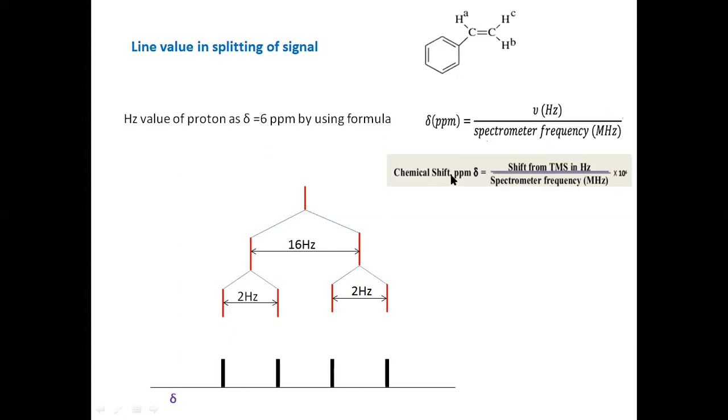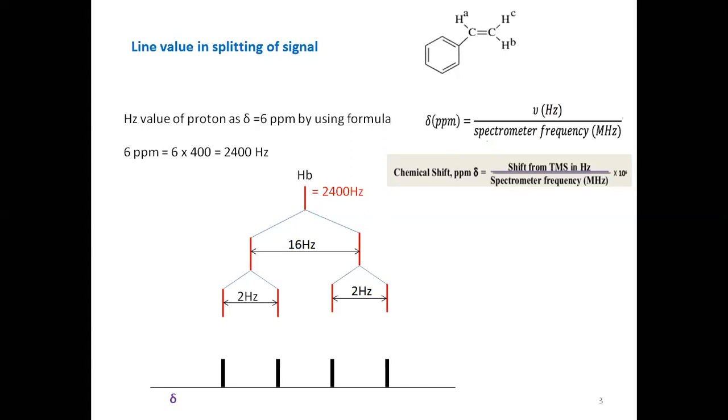So 6 into, that is delta into machine frequency, 6 into 400, that is 2400 hertz. So this HB is equal to how much hertz? Yes, 2400 hertz, correct.